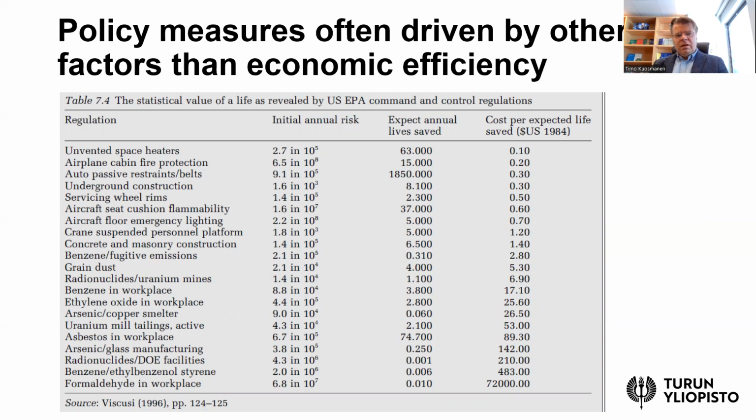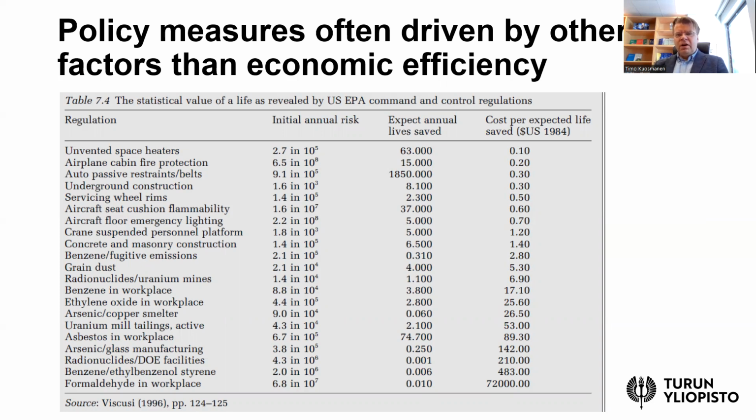And to illustrate this, I took table 7.4 from the Perman et al. book, which further refers to a study by Viscusi. And here this relates to the situation in the United States.